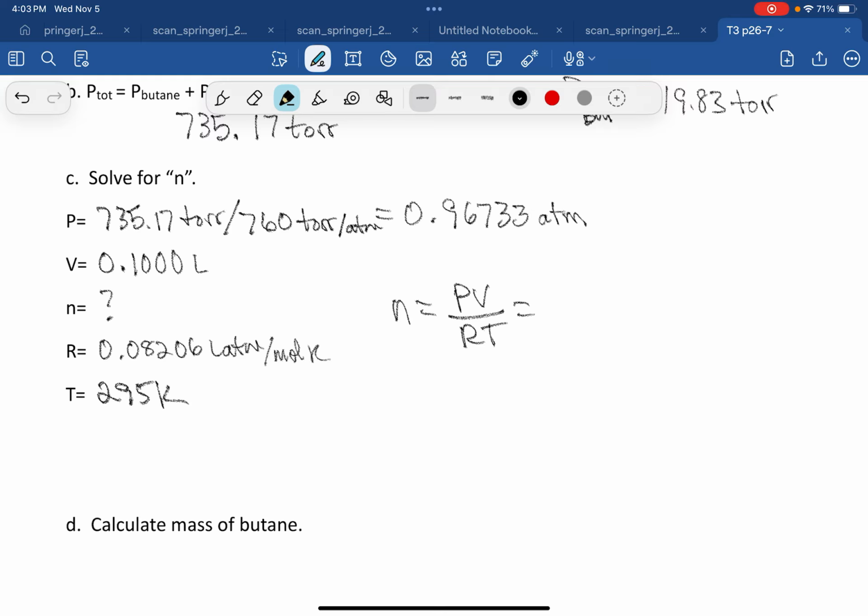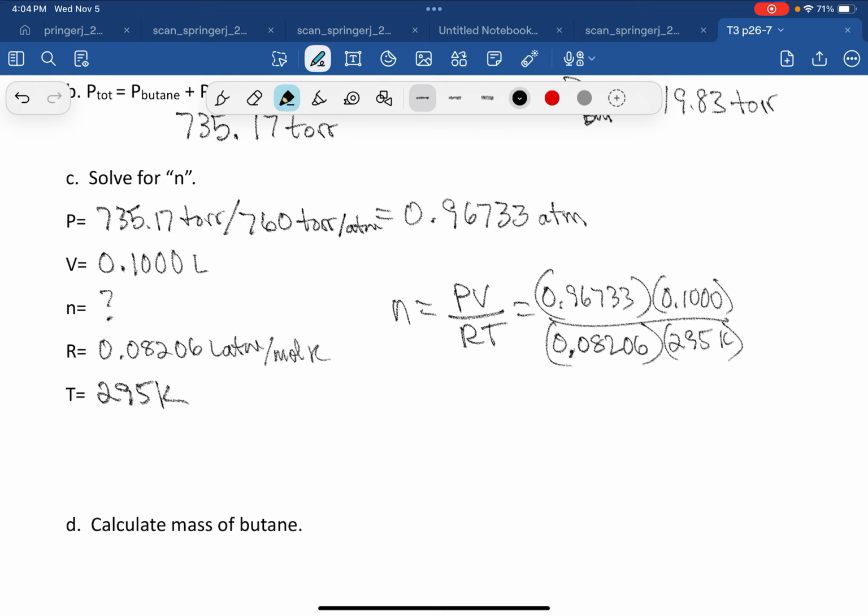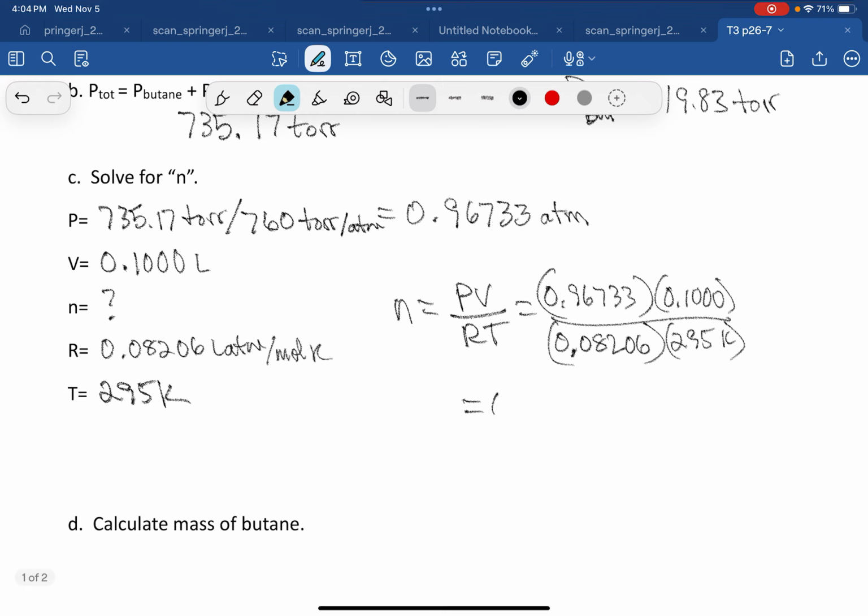And we'll plug in those things that we know. And we do the math and we come up with an answer of 0.00399 moles.